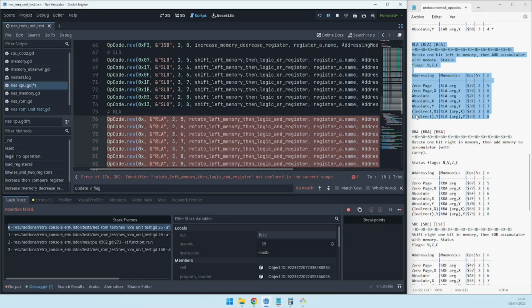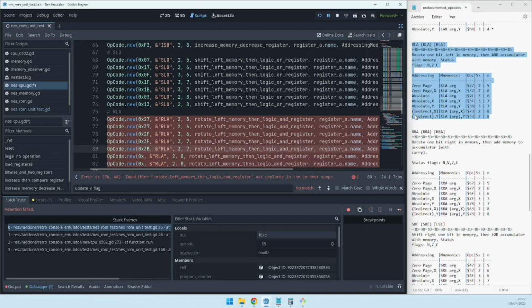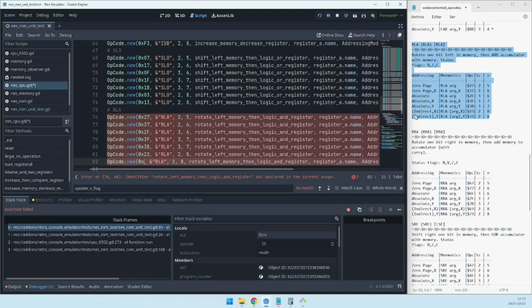So now we have to write the opcodes and we are done with this. 27, 37, 2F, 3F, 3B, 23 and 33.